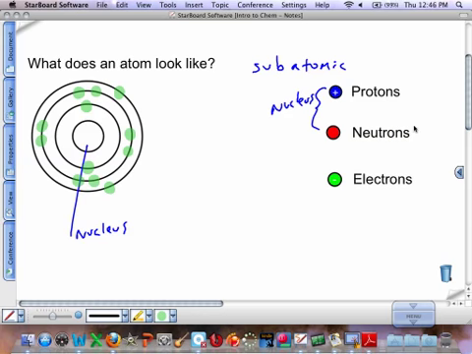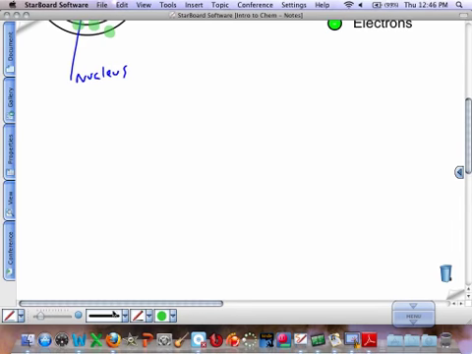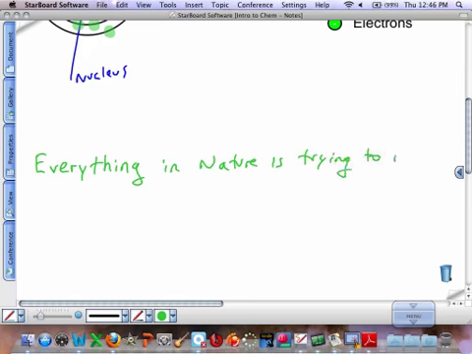By the way, really important concept here to remember for this class. Make this down here at the bottom. Everything in nature is trying to reach equilibrium.